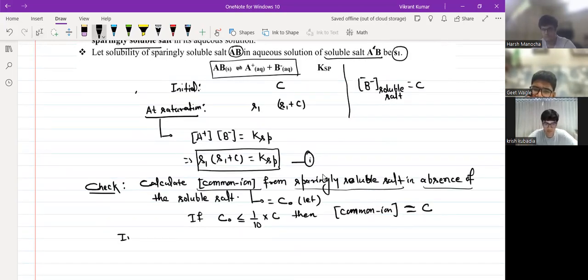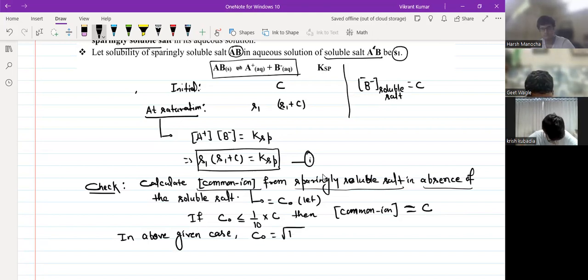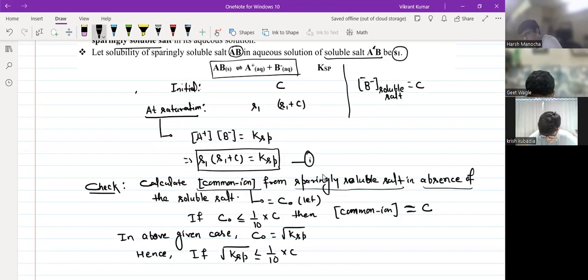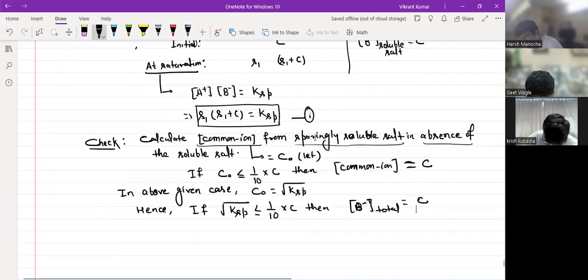So in above given case, we'll say this C naught will be nothing but root KSP है ना, क्योंकि AB टाइप का सॉल्ट दिया. Hence we'll say if this root KSP is less than equal to 1/10 of C, then we'll write B minus total, जिसको हम लोगों ने S1 plus C लिखा, तो we'll write that to be C only.